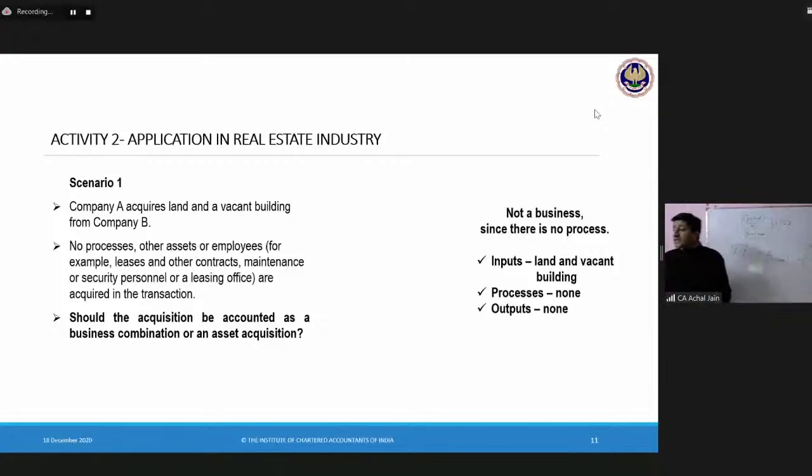Ambika is saying that there's input in the form of land and building, but there's no process. Process is missing, sir. That's why Ambika is saying it's not a business. What about others? Chavi is saying, sir, not a business because there is no process. Very good. And same is the response from Pujita and Divankar.